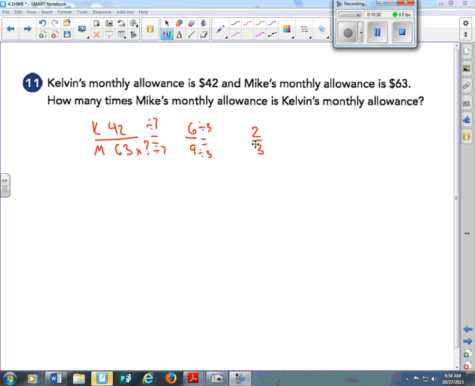And if we want to check it, what we can do is we can say 63 over 1 times 2/3. And I always cross simplify. So 3 goes into 3 once. 3 goes into 63 9 times.